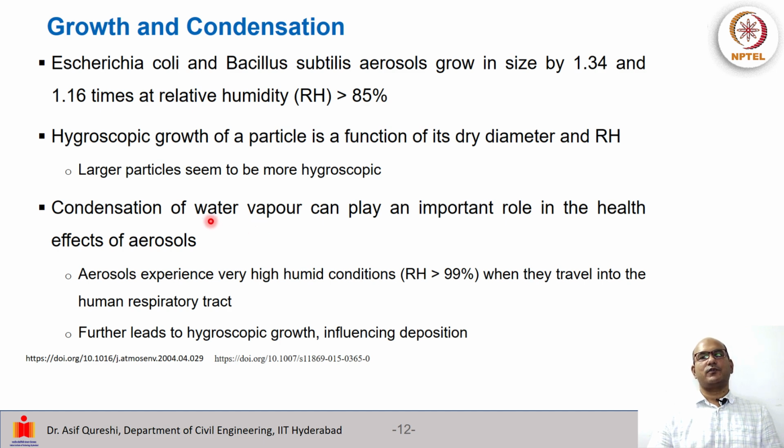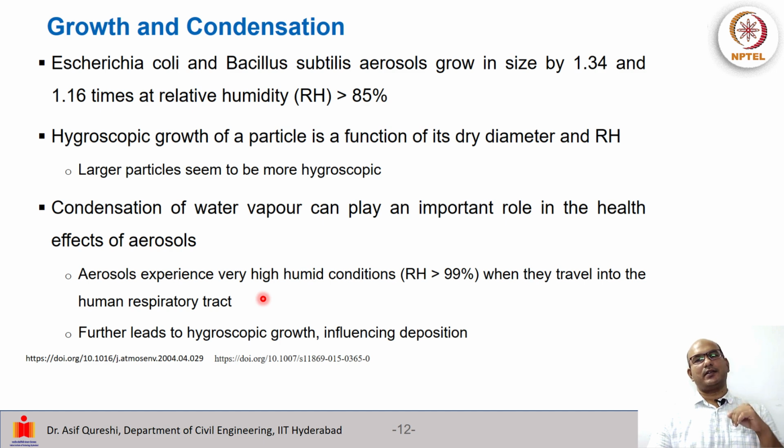This condensation of water vapor can also play an important role in the health impacts, because when we inhale these aerosols, they will encounter very humid conditions inside our airways, up to 99% or more in the respiratory tract.